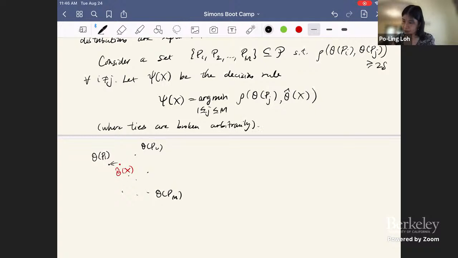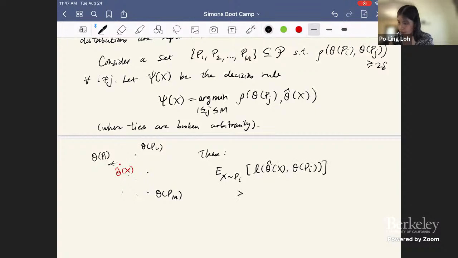Okay, so now we write the following. So then the expectation, where x comes from Pi, I guess it's P_i to the n. Oh, sorry, no, it's not P_i to the n. So this is the general situation where P_i is a distribution in, let's say, the whole product space. We have L of theta hat of x and theta of P_i.